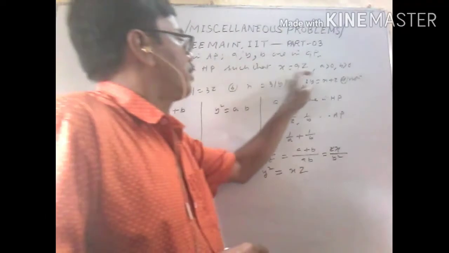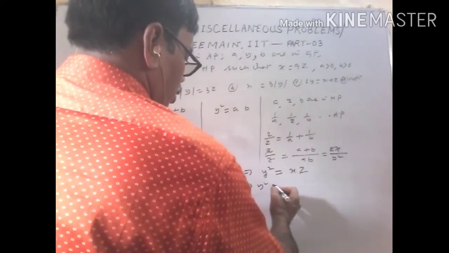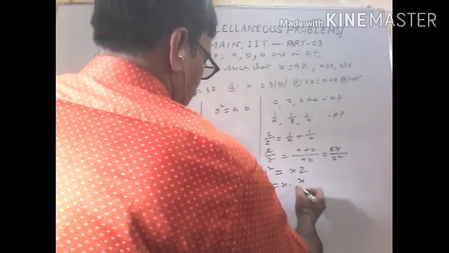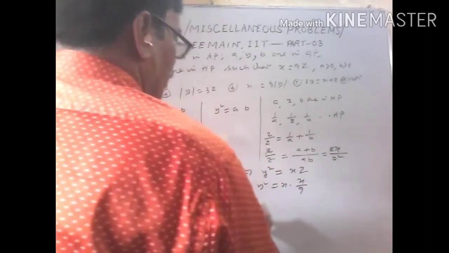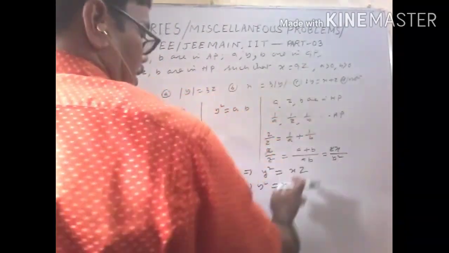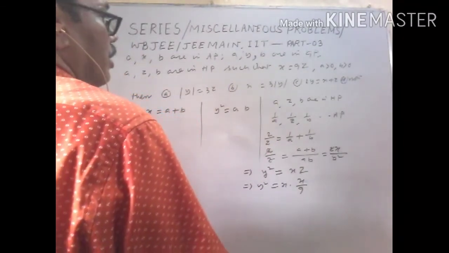Now one more condition is given: x equals 9z. So y square equals xz. What is z? z is x by 9. So y square equals xz.